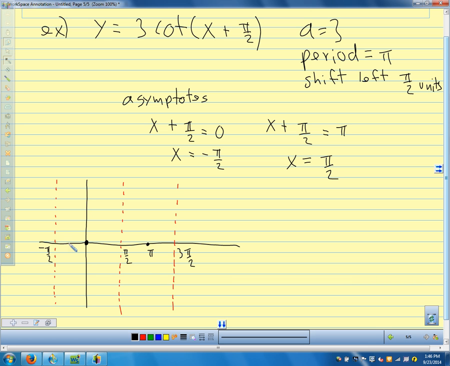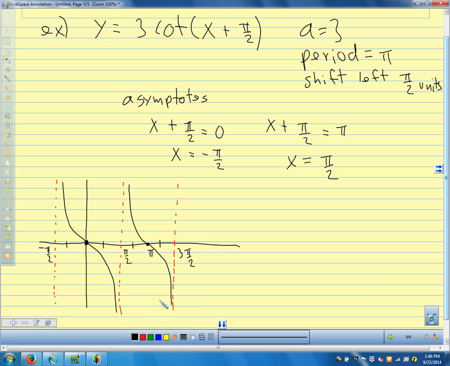And then we're going to get our points halfway between our intercepts and our asymptotes. I'm just going to sketch this in and we'll label our y-axis in just a second. Our function is decreasing.